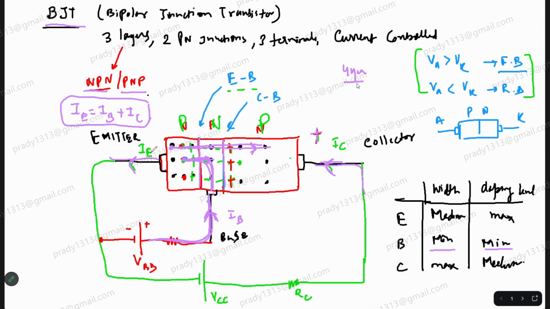So current will flow from emitter to collector only. Yesterday I already told you. So this PN junction has to be forward biased. So what should be the base biasing voltage? Like this. Yes. Polarity will be reversed, sir.